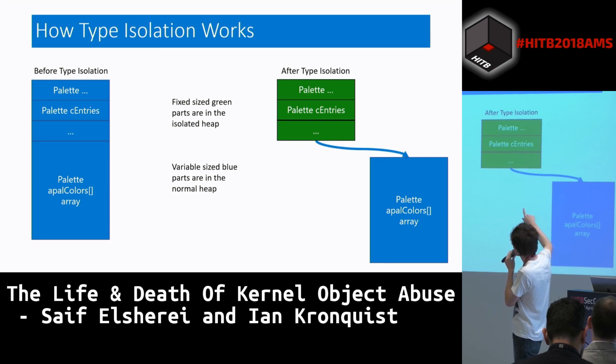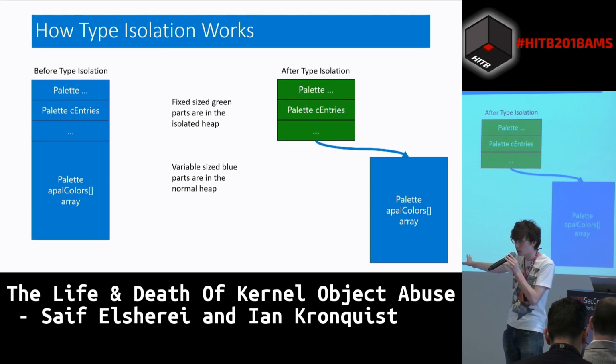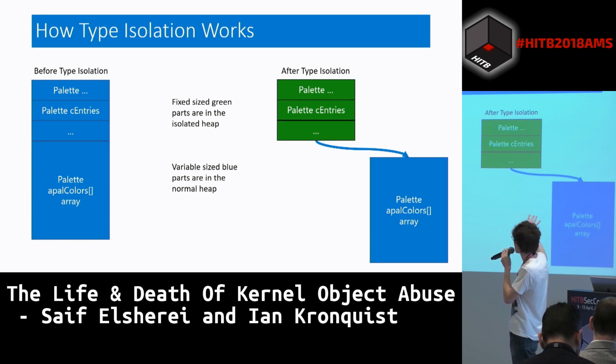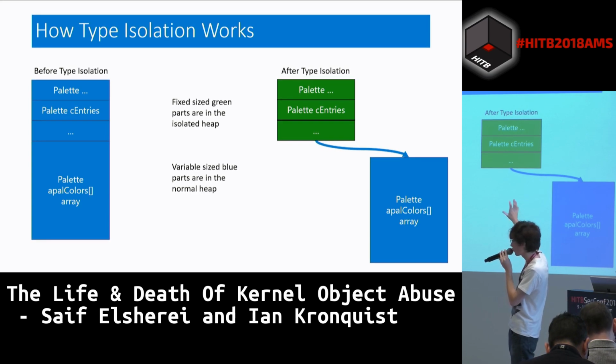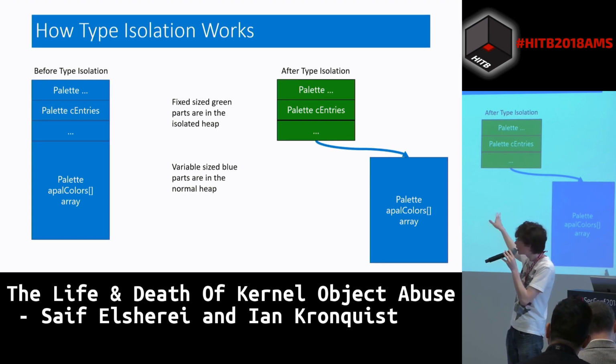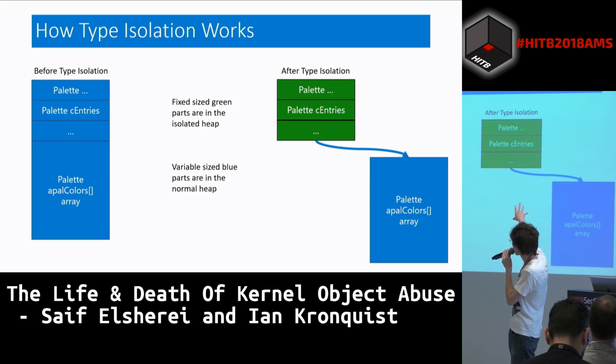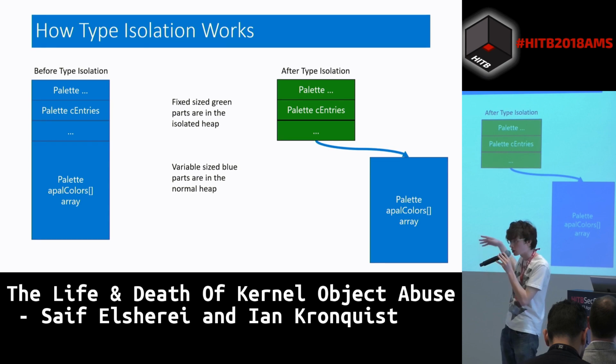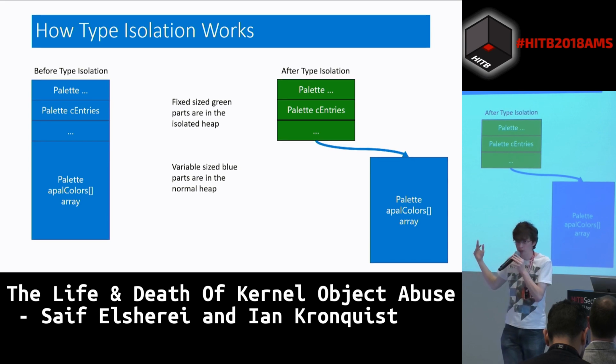We're going to put the fixed size part in the type isolated heap. Only that chunk of the palette object is going to live there. And then that variable sized array will just live in the general heap. That way we can't overwrite that fixed size metadata full of flags and pointers in the palette header with the variable sized, user controlled color pointers or bitmap data.